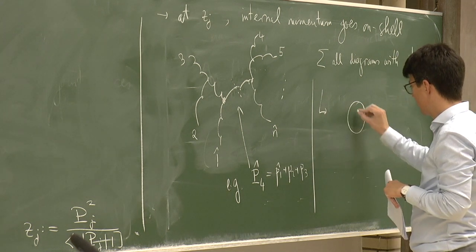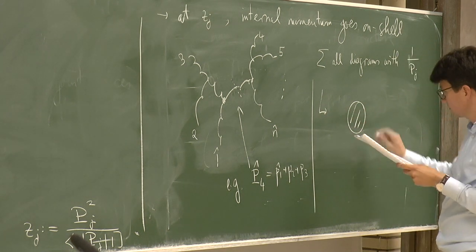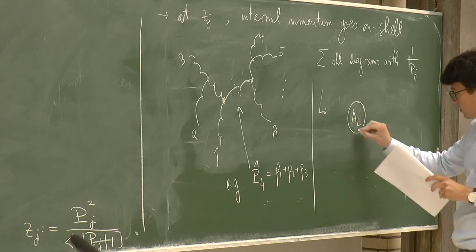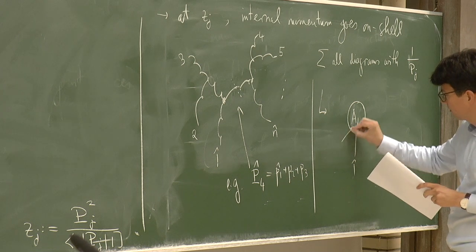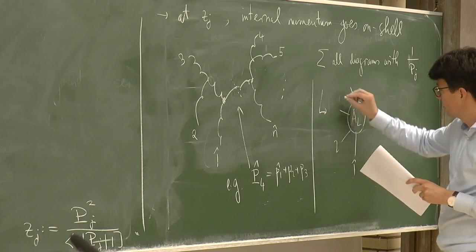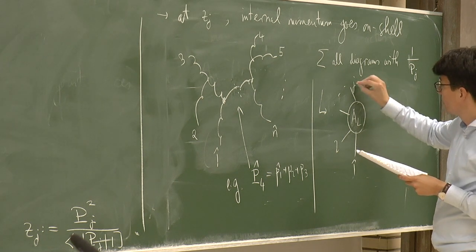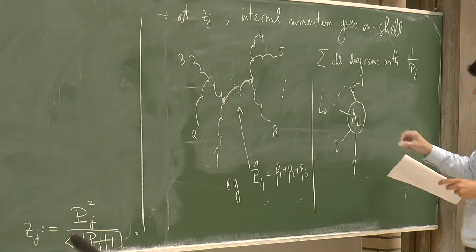We have an amplitude, which I'll call the left amplitude, which has this 1 here and so on, with whatever number of particles, this would be j minus 1, in our example it was 3.